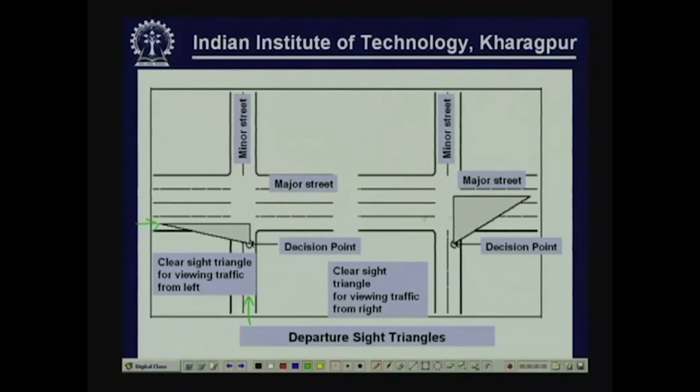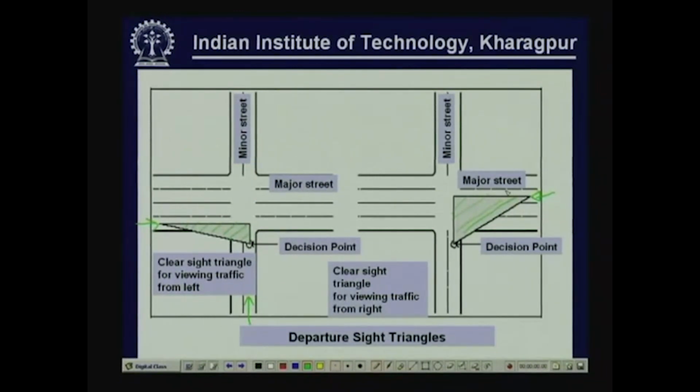It is also possible that a vehicle may come from the right side. So, this is the required side triangle considering the traffic from the left, and this is the required side triangle considering the traffic from the right side.